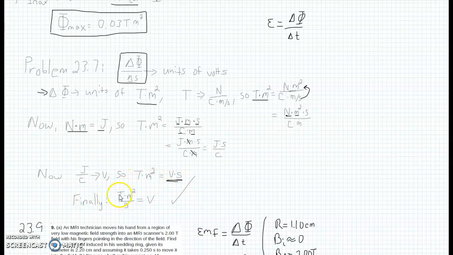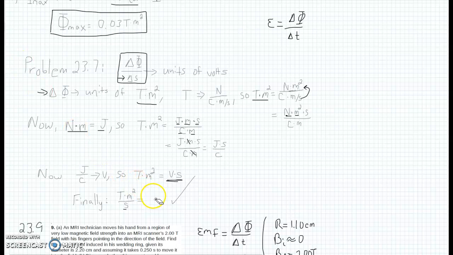So when I take my delta phi, Teslas times meters squared, and divide that by seconds, that's the same thing as taking volts times seconds and dividing it by seconds. Then the result is just volts.